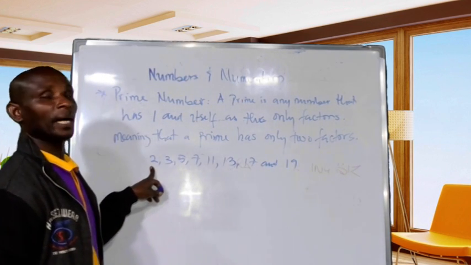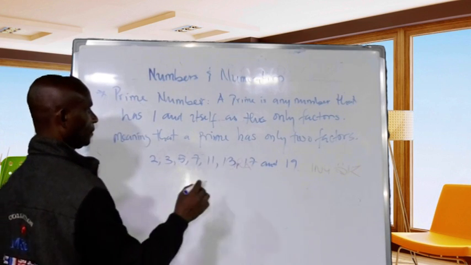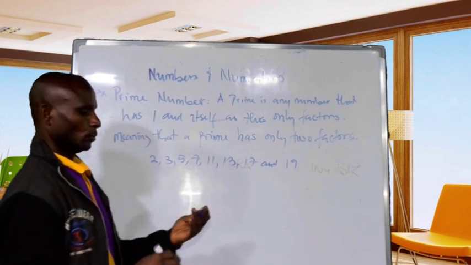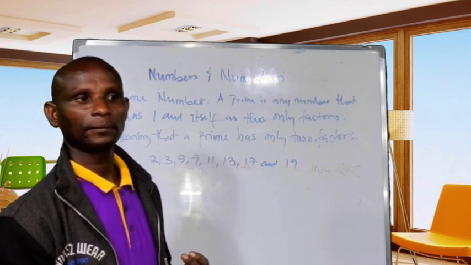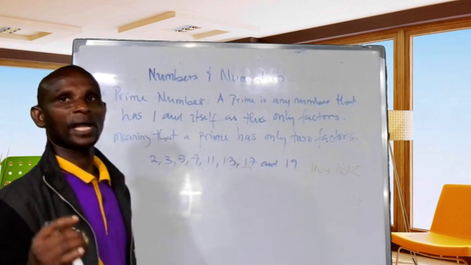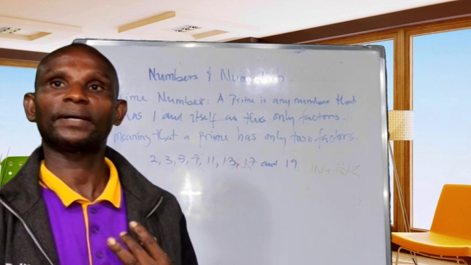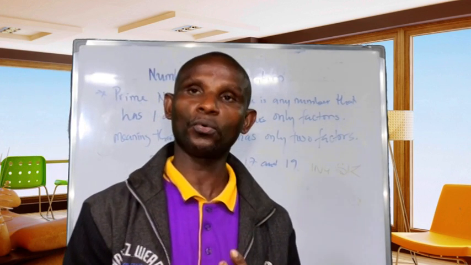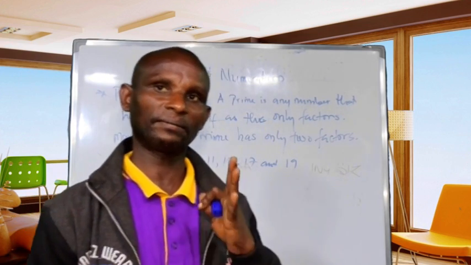1 is not a prime number because 1 has just one factor. 2 has 2 factors, 2 and itself. You discover that we do not have 4 here. 4 has 3 factors. 4 has 1 as a factor, also has 2 as a factor, and 4 itself as a factor. So it has 3 factors.